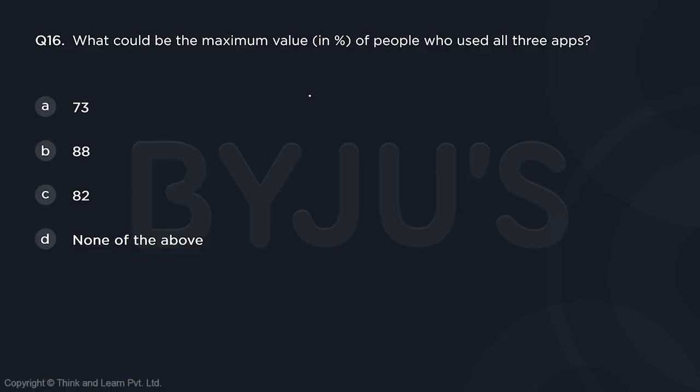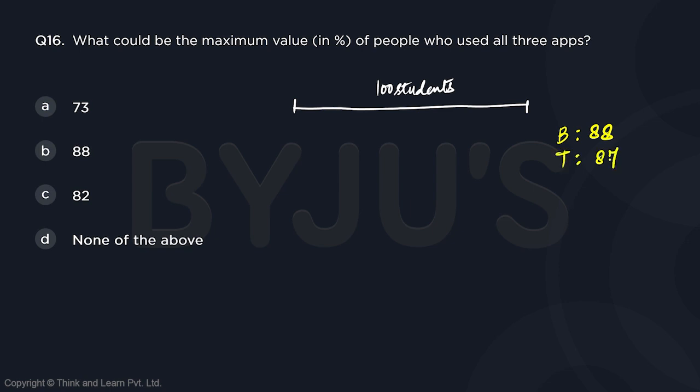Question number 16. What could be the maximum value in percentage of people who used all three apps? Let's assume these are those 100 students and they're standing in the queue. We have three types of chocolates: the B type, which are a total of 88, then the T type, which is 87, and then the G type, which is 71.